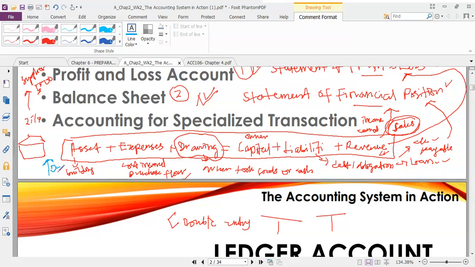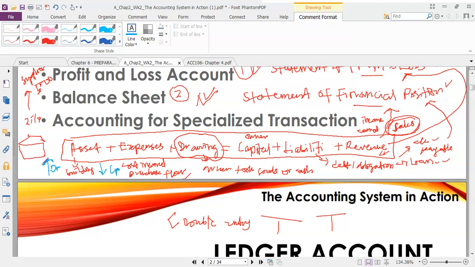You must remember this. If the element is increase, we must debit. We must put in the debit side. When asset, expenses and drawing is decreasing, we must put it in credit side.